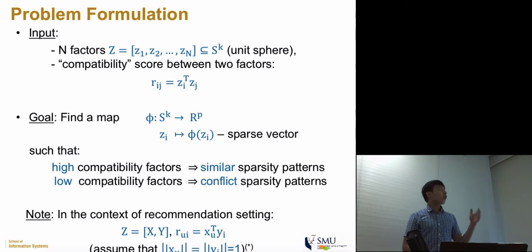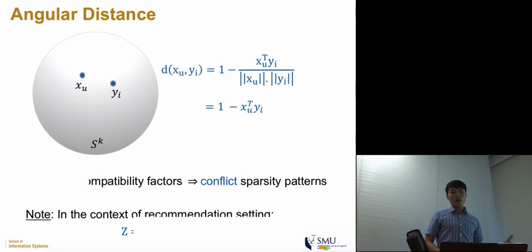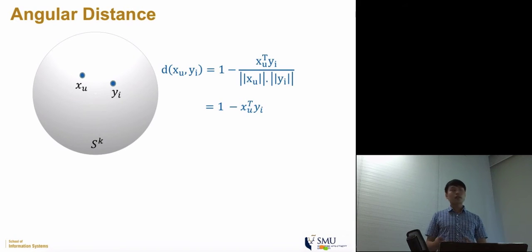So now, because all the vectors are on the unit sphere, we need to care about one concept, which is the angular distance between 2 points on the sphere. So x_u and y_i are 2 points on the unit sphere, and the angular distance is computed using 1 minus cosine similarity.